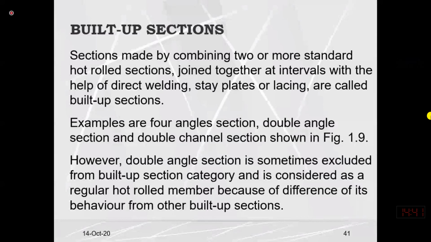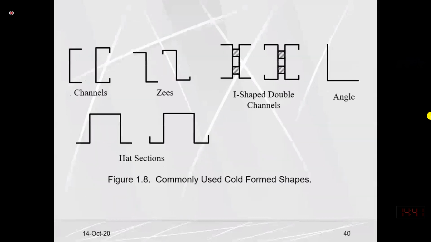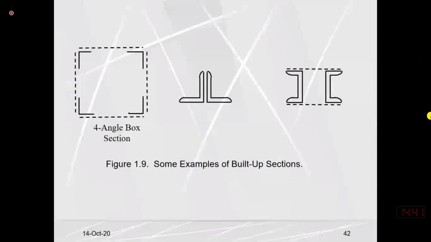So built up means that I have made it myself by joining two different sections. For example, I want to select a W section whose area is 200 millimeter square, just for example. But that section is not available in the market.